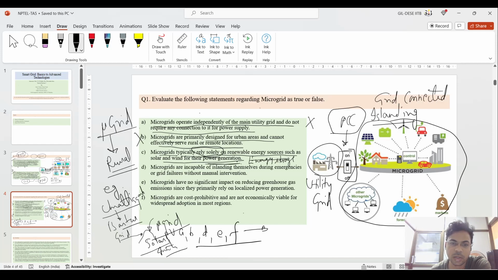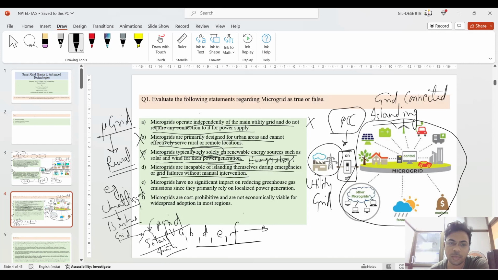It also depends upon the energy storage system, how much backup is there. Second, there are other generating sources also, such as hydrogen, which is one of the booming topics nowadays, and others such as ocean based energy generation systems. So it does not depend solely on solar and wind. So this is also false.